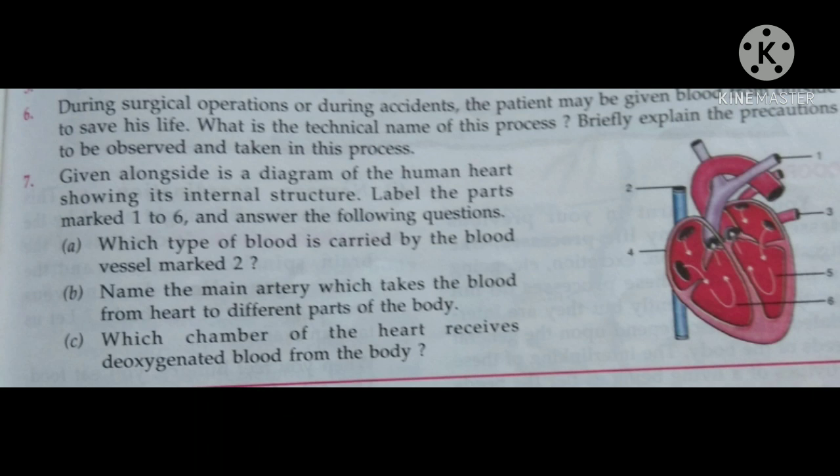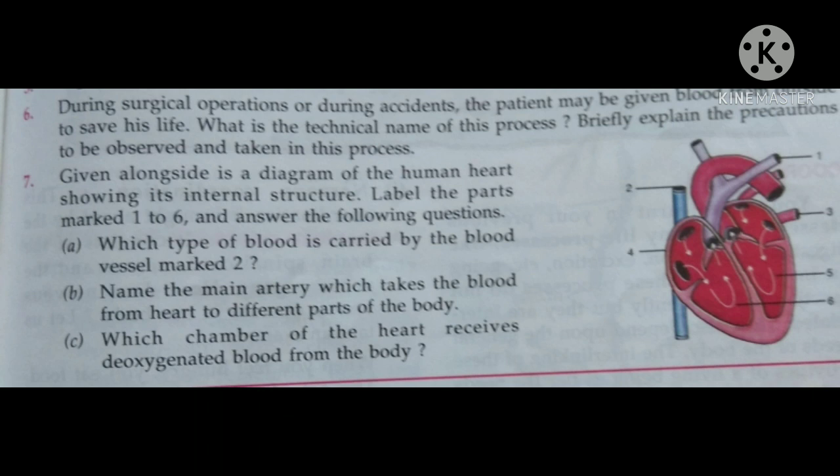Next, which type of blood is carried by the blood vessel marked 2? The 2 is the superior vena cava, so it carries deoxygenated blood. Answer is deoxygenated blood. Next, name the main artery which takes the blood from the heart to different parts of the body. Answer is aorta.